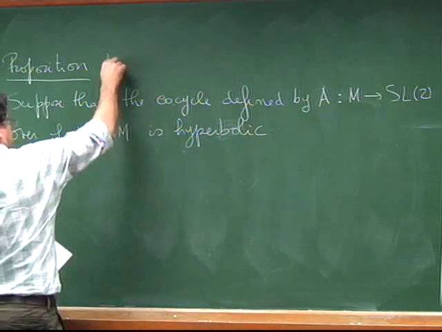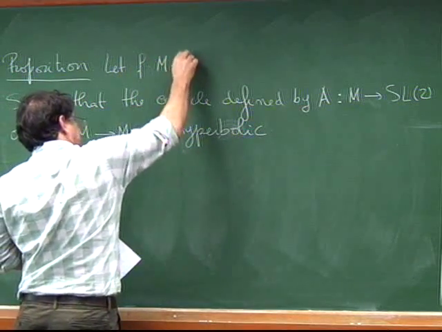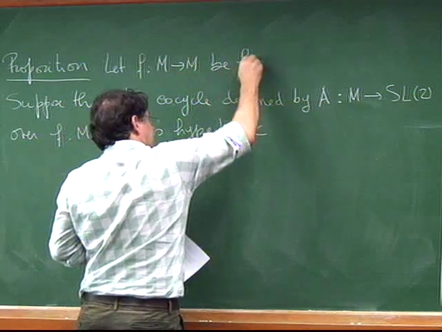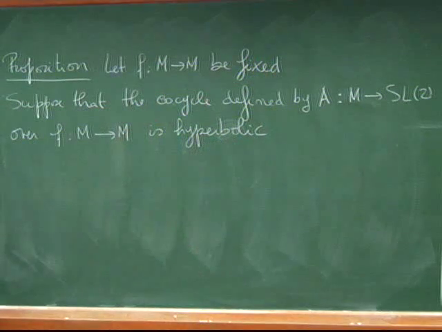So let F be fixed. And suppose you have a function A with values in 2 by 2 matrices such that the corresponding cocycle over this F is hyperbolic.